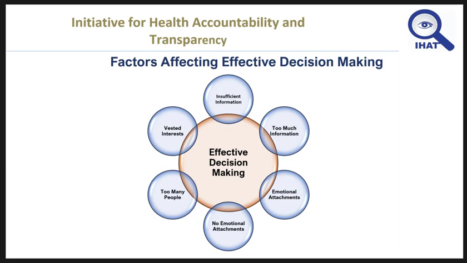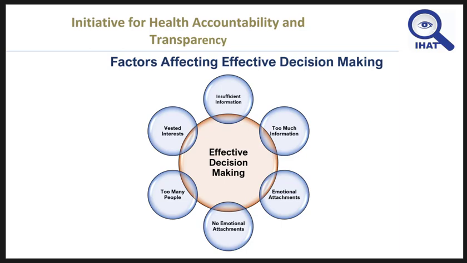While looking at emotional attachments, we should know that people are often very attached to the status quo. Decisions tend to involve the prospect of change, which many people find difficult. So emotional attachment affects decision making and can be a hindrance to effective decision making.